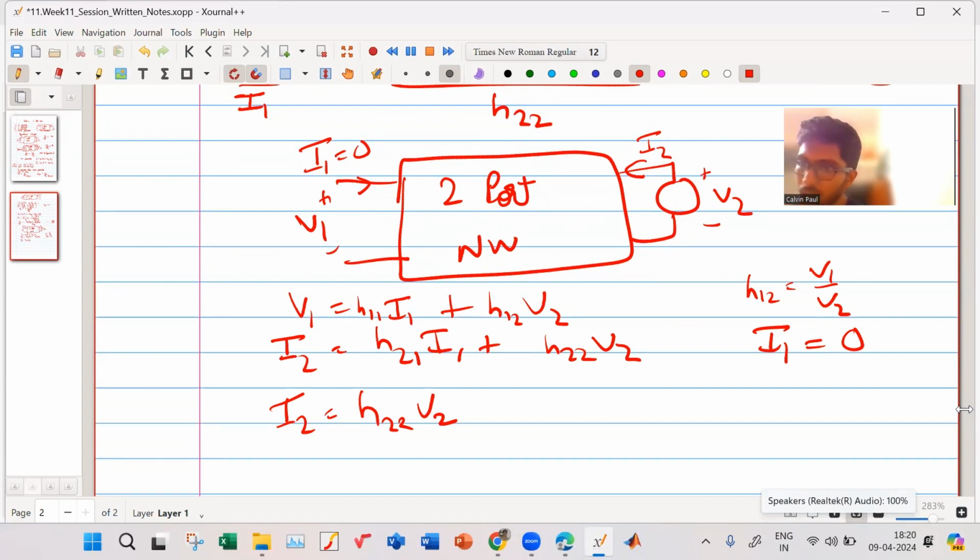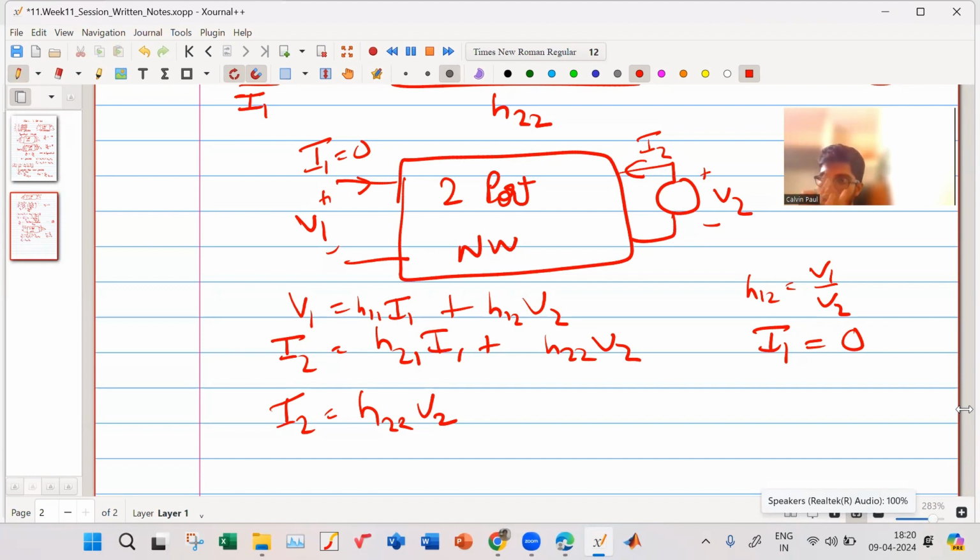So for symmetry, as I told, symmetry is like you're looking into your network. So now I'm looking from which direction? From which port am I looking into my network? Now we are looking into first port, port one. No, we are looking in from port 2.